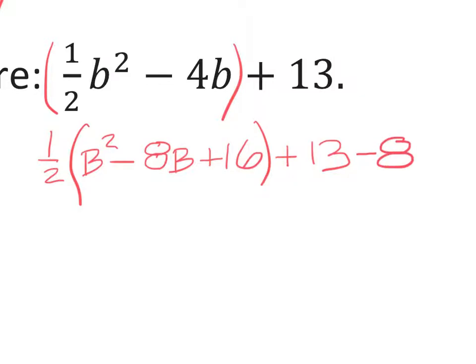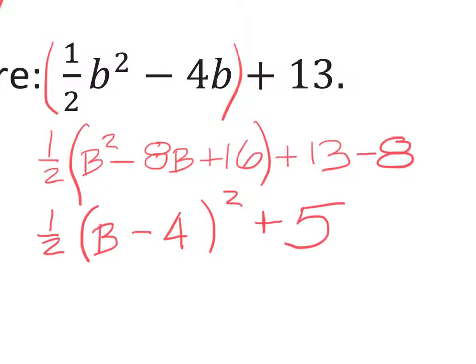Subtract 8. 1/2 times the quantity squared of b, and what sign? Minus, what's half of 8? 4, and what's 13 minus 8? 5. Yes, so here is the final answer.